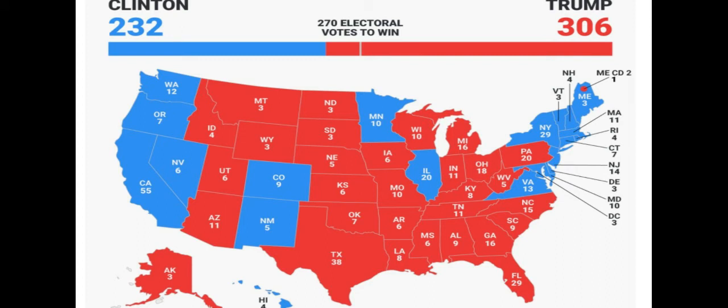This was the 2016 presidential election, Donald Trump versus Hillary Clinton. You can see a little bit about each of the states. Red states were won by Trump. Blue states were won by Hillary Clinton. A number of states here were huge wins for President Trump and allowed him to win the presidency in 2016.